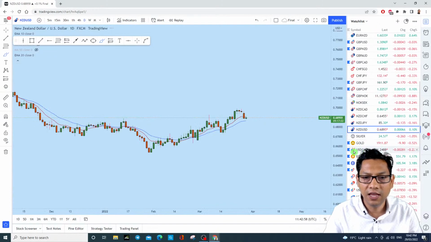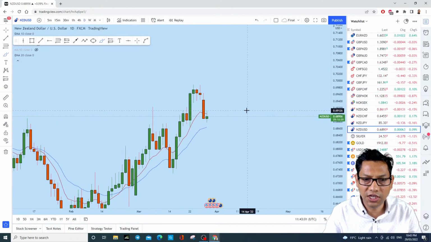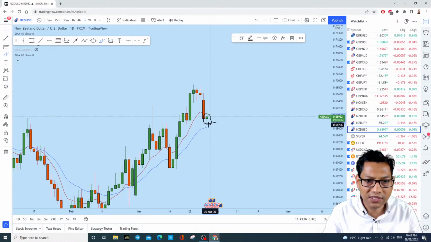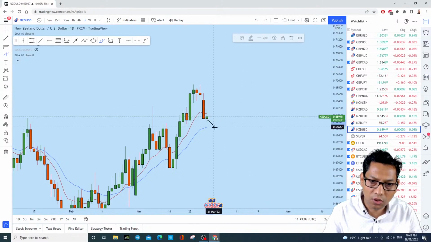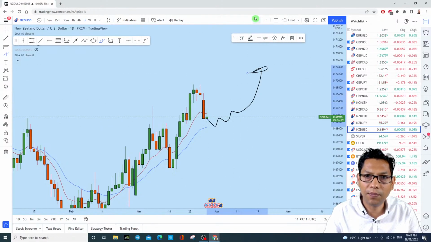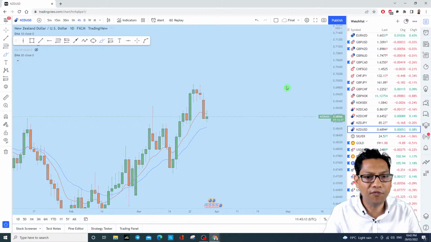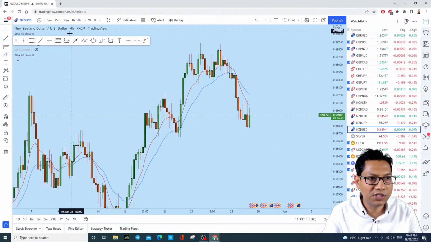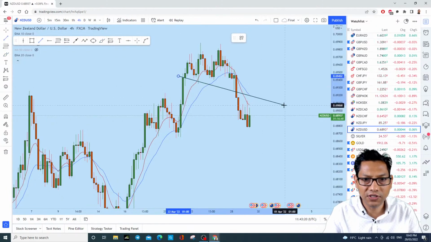Let's see daily. On the daily, the previous day we sold this candle. Now this day the price is still here. It could still be bullish based on how the price action is forming, but on the 4 hour, I am seeing this reversal pattern.